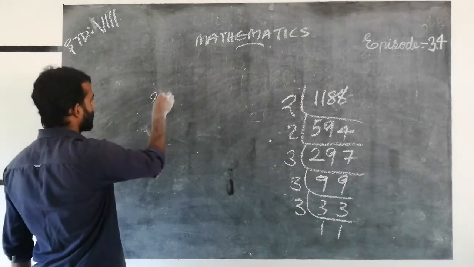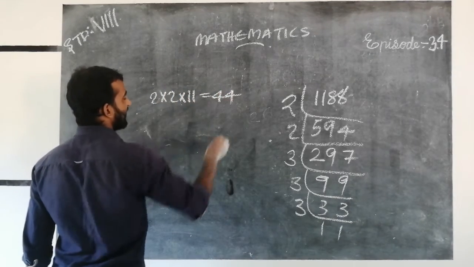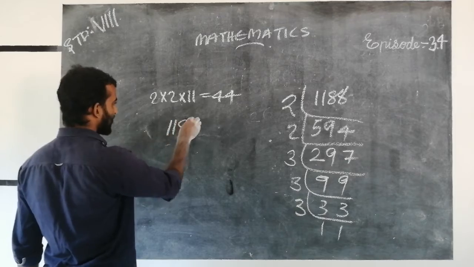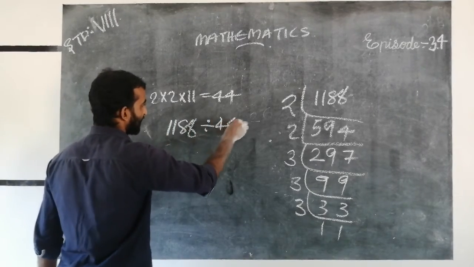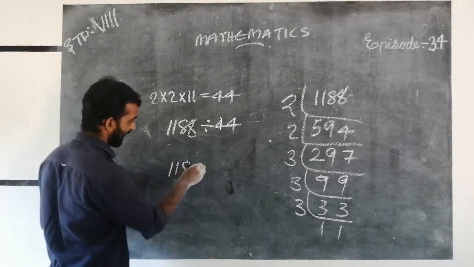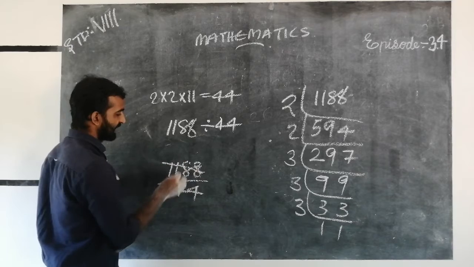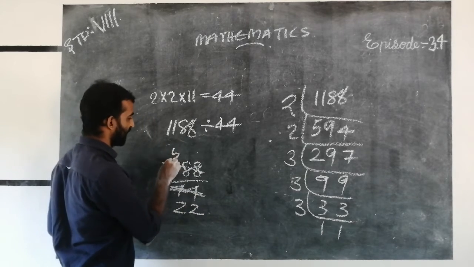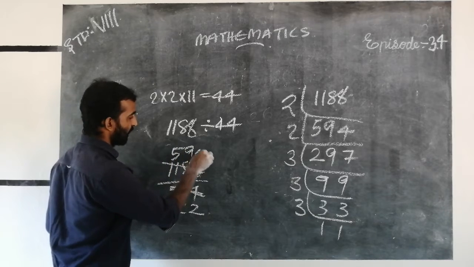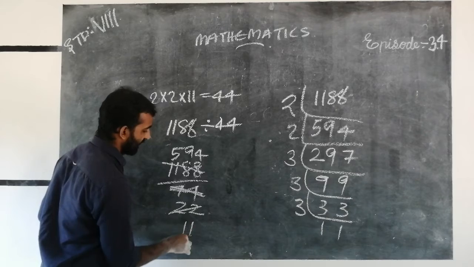So 2 into 11 we get 22. We divide 1188 by 22 and simplify, we get 594 by 2, and 11.